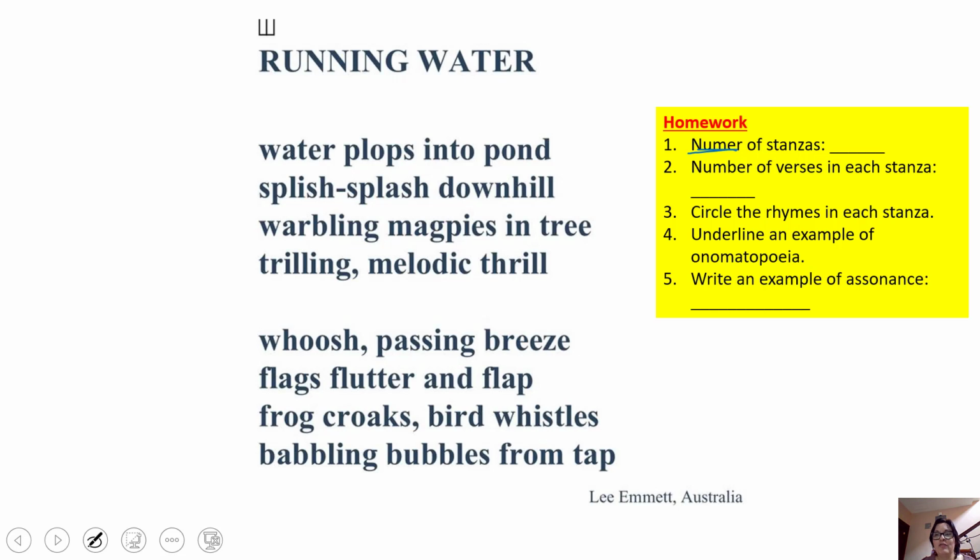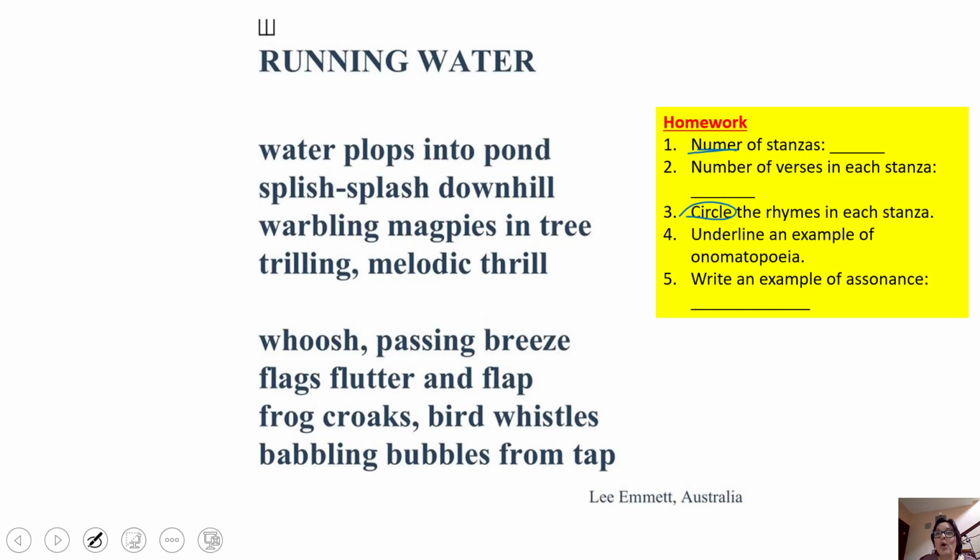So tell me if 4, not in total, in each stanza. Or 5, so write it in there. Number 3, circle. You have to circle the rhymes in each stanza. So circle the rhymes. It's very similar to the other one that we did.